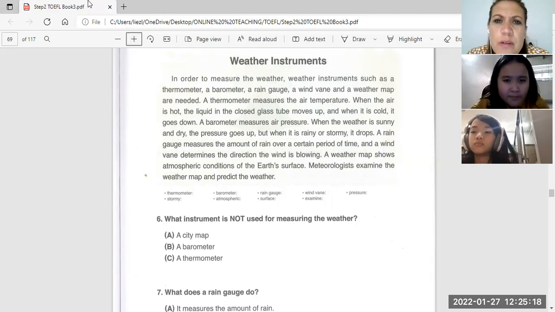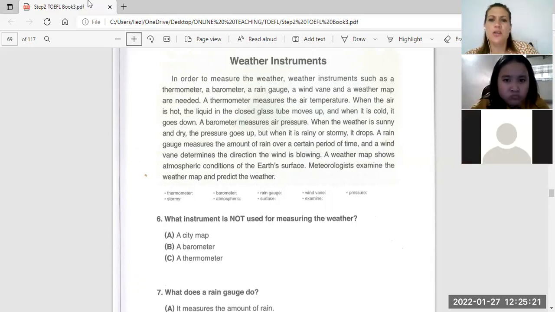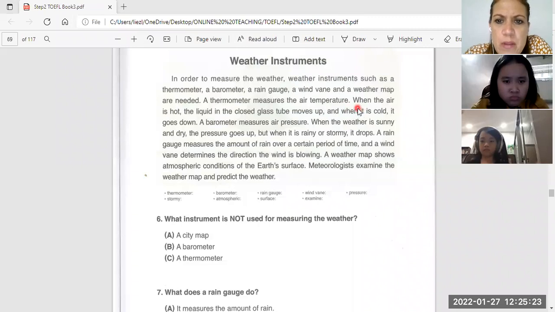Sweetie, no. You're reading very unclearly. I can't hear what you're saying. You need to read your words properly. A thermometer measures the air temperature. Try again. A thermometer measures the air temperature.